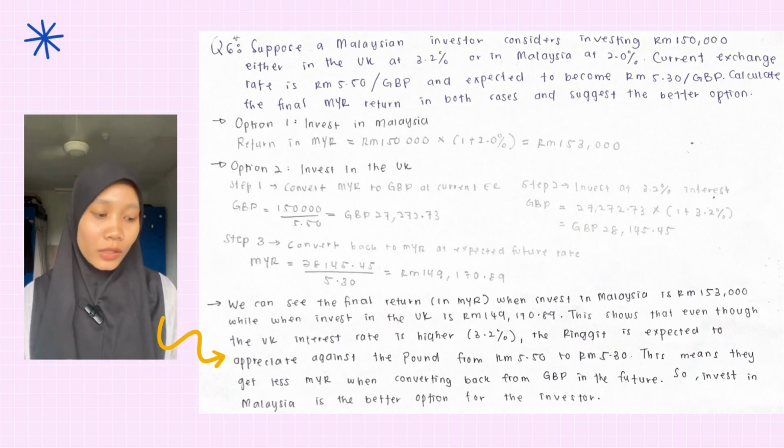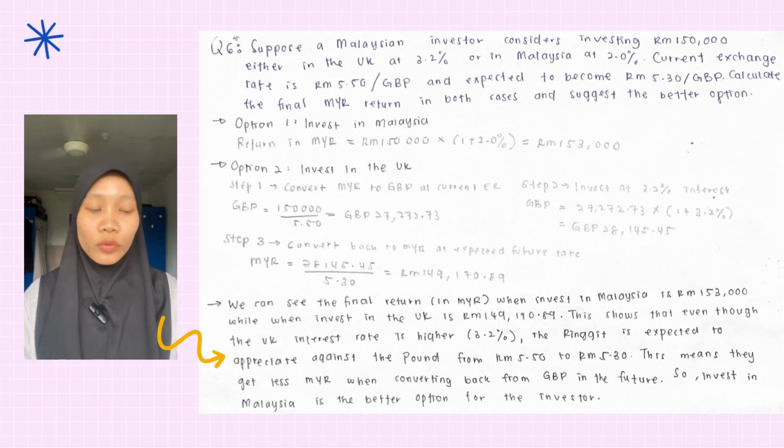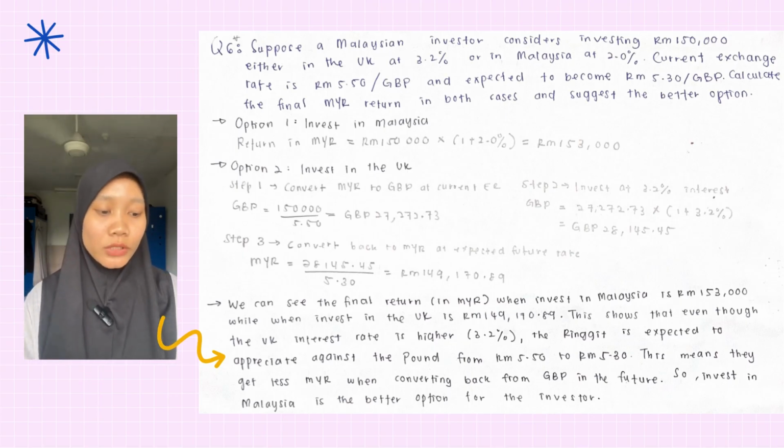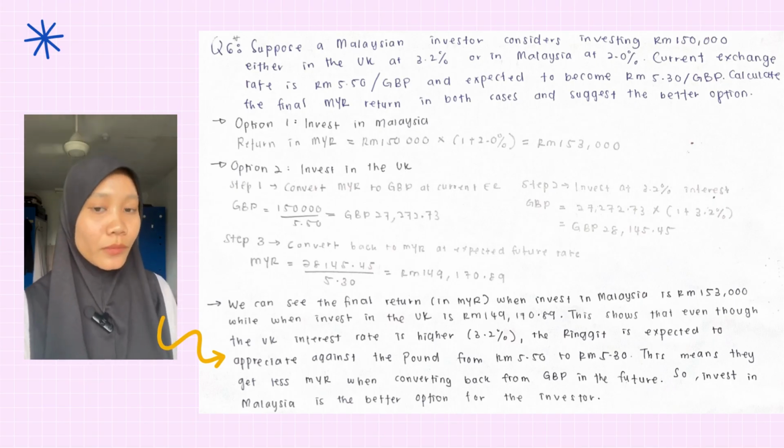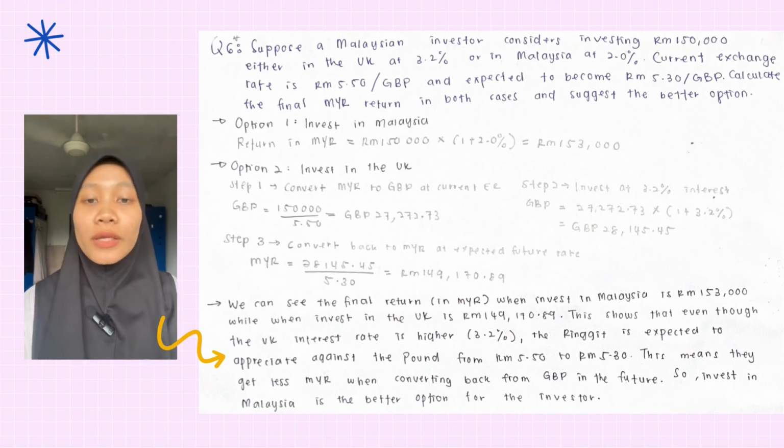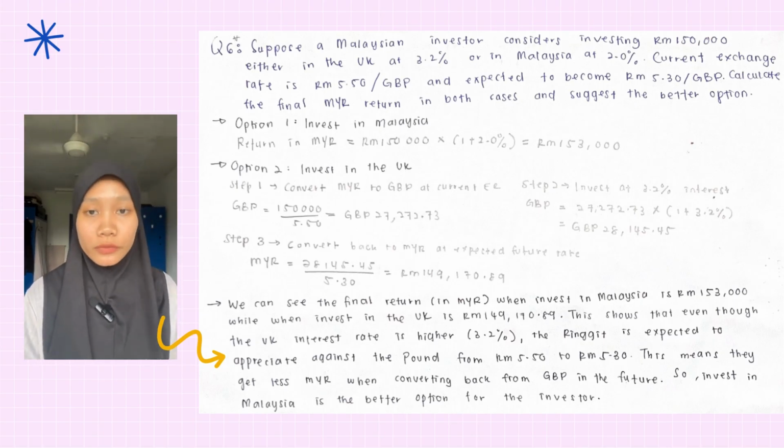Then we invest at 3.2% interest, where we will get 28,145.45. Then we convert back to Malaysian ringgit at the expected future rate, and we will get RM 149,174.89. So we can see that the final return in Malaysian ringgit, if we invest in Malaysia, is RM 153,000.